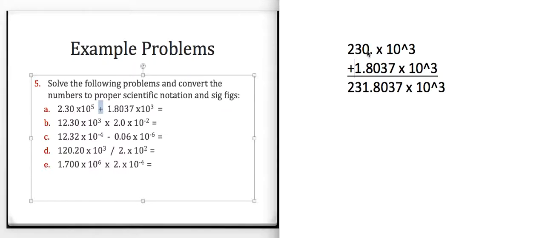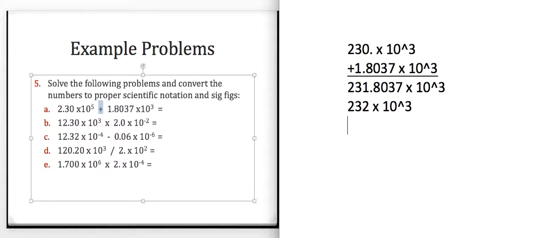My least precise here is to the whole number. Here I have 4 decimal places. Least precise is to the whole number, which means I have to get rid of 8037. But don't forget that 8 is going to make this pop up 1. So this becomes 232 times 10 to the third.